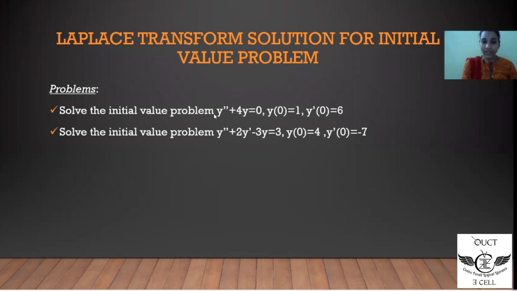On applying the Laplace transform, we get Laplace of y double dash plus Laplace of 4y. Laplace of y double dash we get from the formula, and Laplace of 4y is nothing but 4 into Laplace of y. We can get this from the formulas. In the same way, this can also be solved. These are a few example problems that we can solve based on this theory, initial value problems.